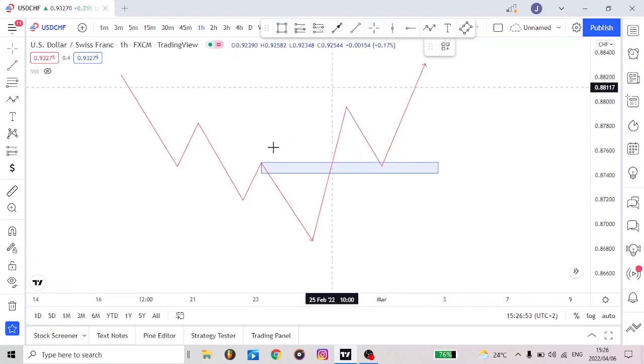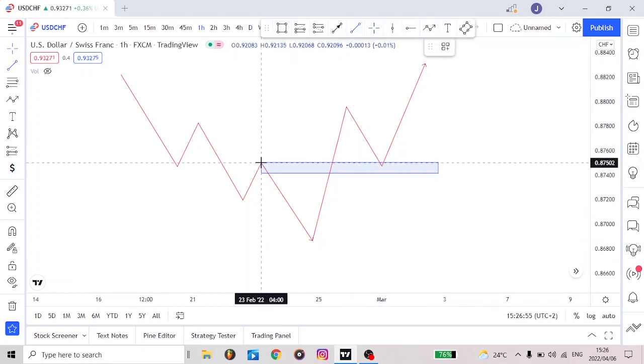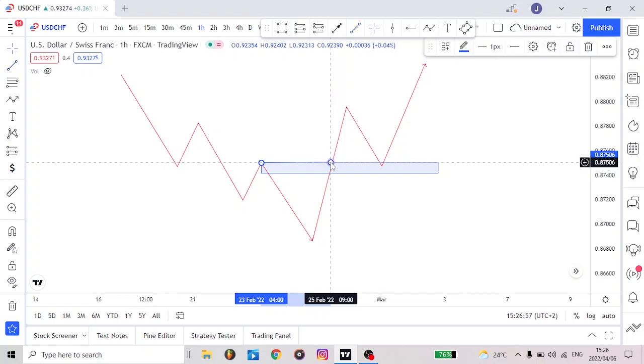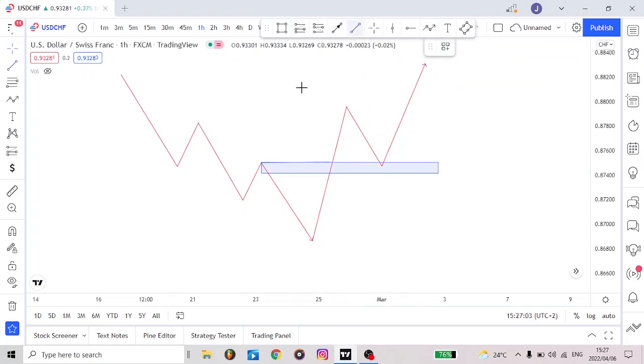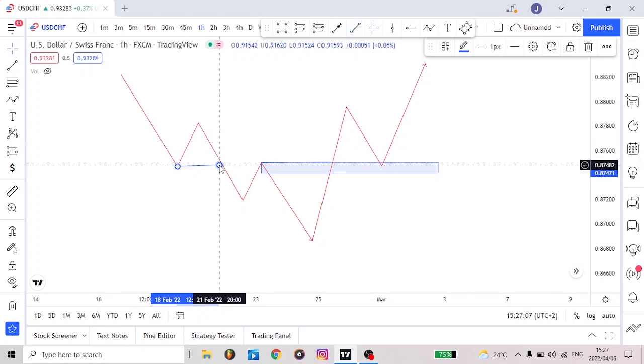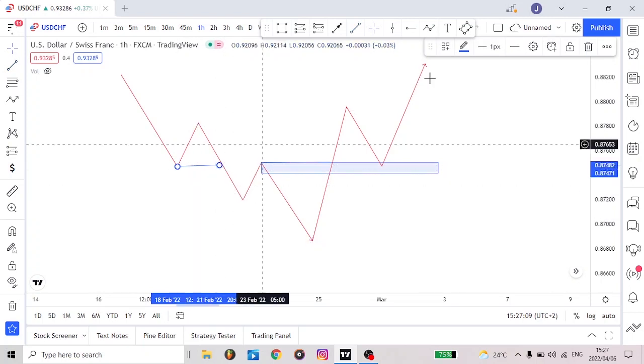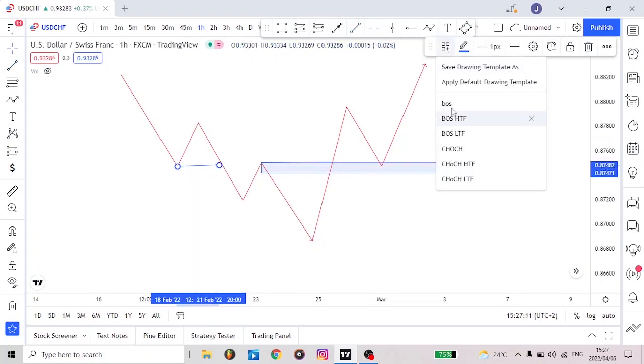So again, this here would be our change of character, and then this over here would be our break of structure, continuing breaking structure to the downside. So that would be the break of structure.